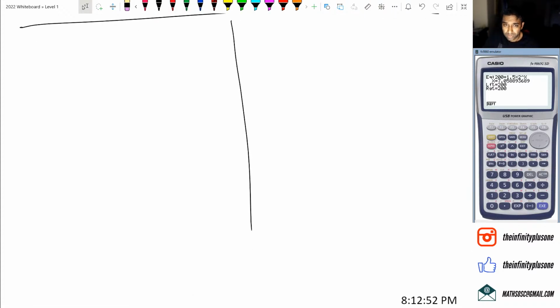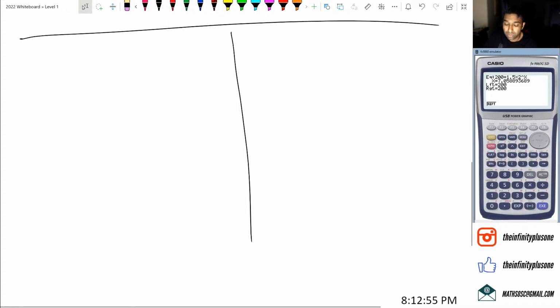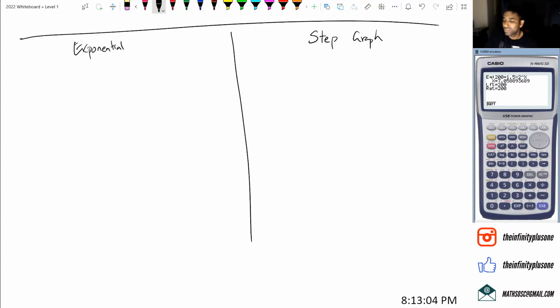So with the exponential one, I'll put up the exponential one on this side, and those of you that want to work on the exponential one, you can work on it slowly. And on this side of the board, I'll do a real quick example of a step graph. I'm not going to make it too complicated for you guys. I'm just going to give you a really nice set of numbers.